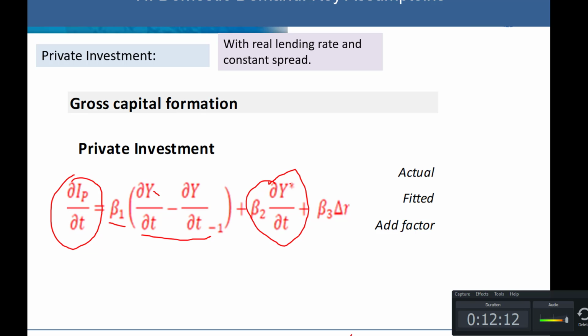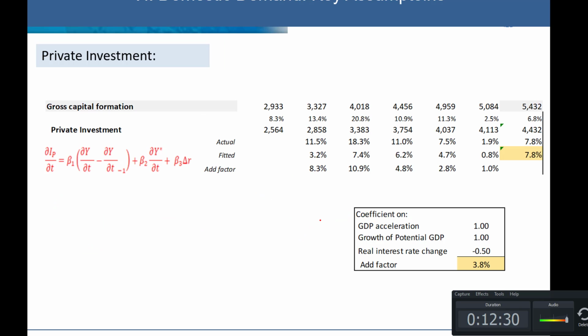That's what the star is. So if potential output is rising, then we're also going to have higher investment, because we'll have capital requirements in order to produce. And finally, our real interest rate factor, once again, as I mentioned, is going to be negative. So we'll be implementing that, and you can see that we've implemented that right here.